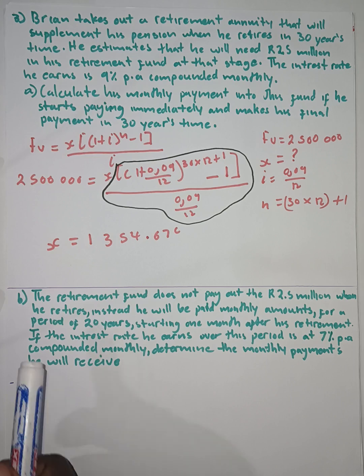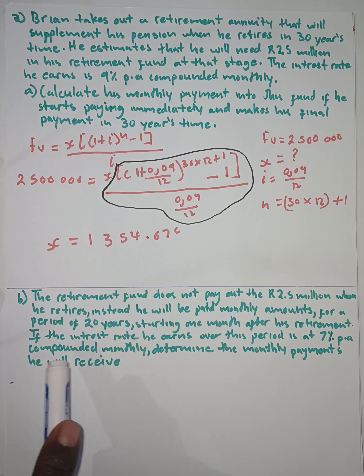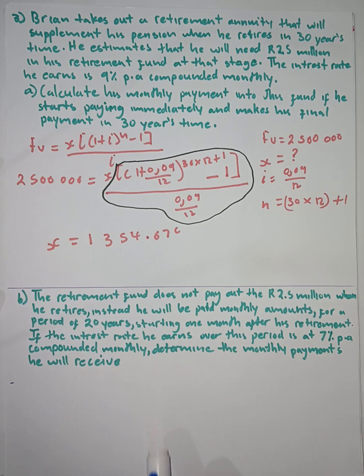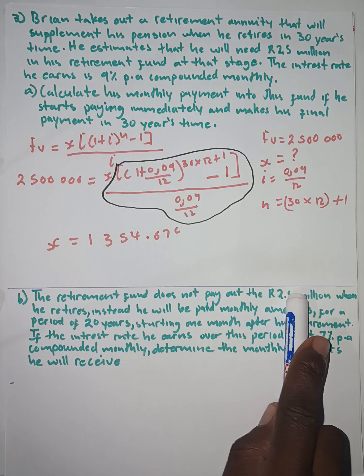So of course, the second question, they say that the retirement fund does not pay out the 2.5 million when he retires. Instead, he will be paid monthly amounts for a period of 20 years, starting 1 month after his retirement. Now, one thing that you need to note is that right now we have that 2.5, we achieved it.